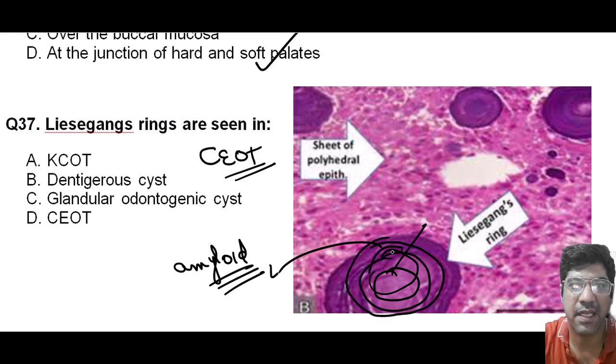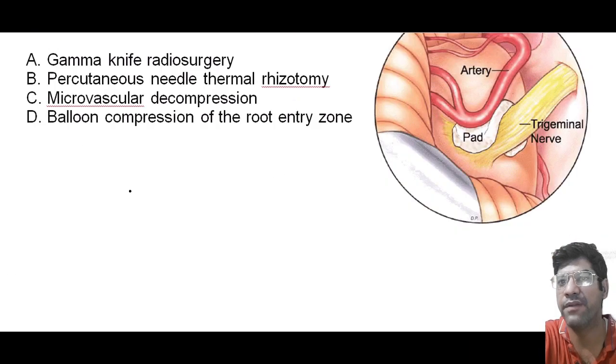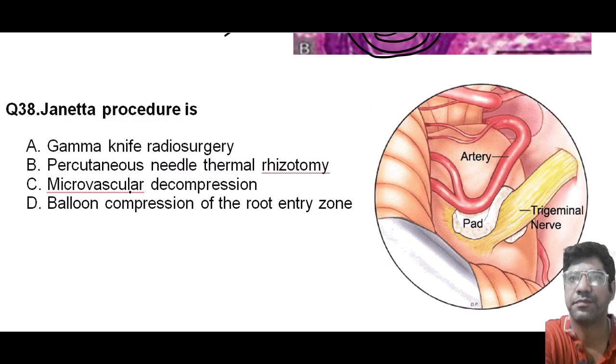The rings are in the circle, that is why they are concentric rings when you view it under the microscope. So that feature helps to identify and diagnose the CEOT. Very important from your exam point of view.